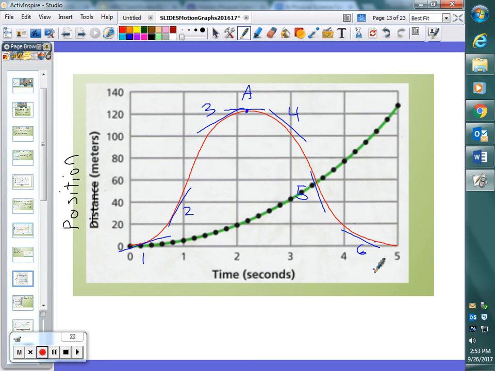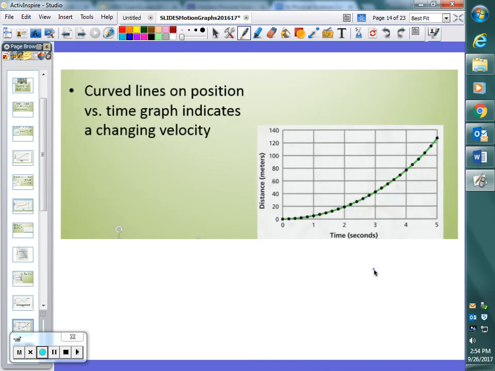But then on the way back down, from 4 to 5, we said what happens? It speeds up, but in which direction? Downward. When is this object accelerating according to this graph? The whole time. Right? Curved lines.